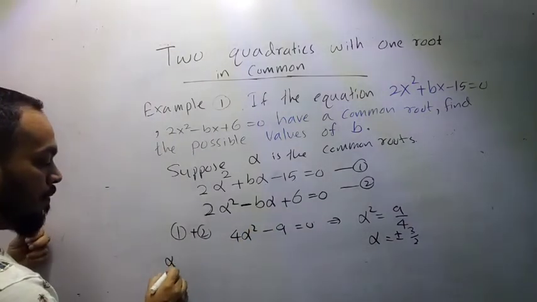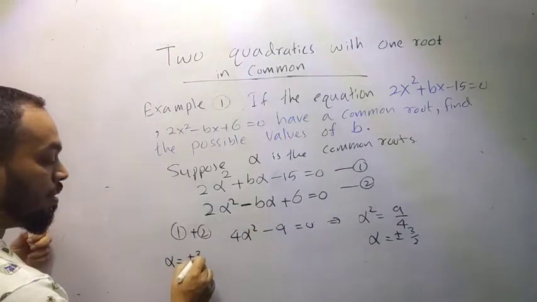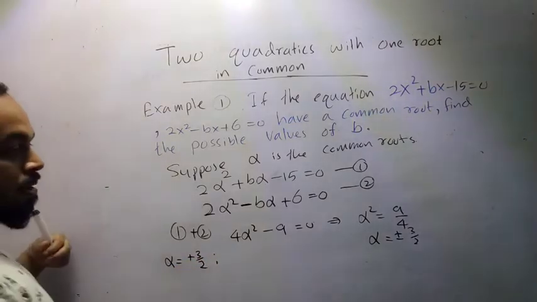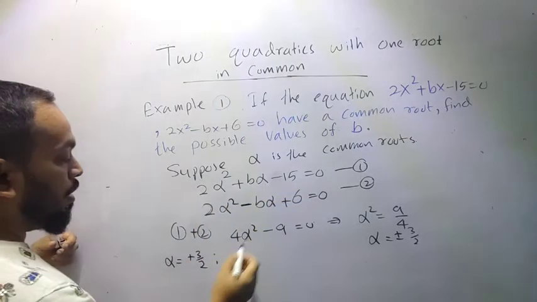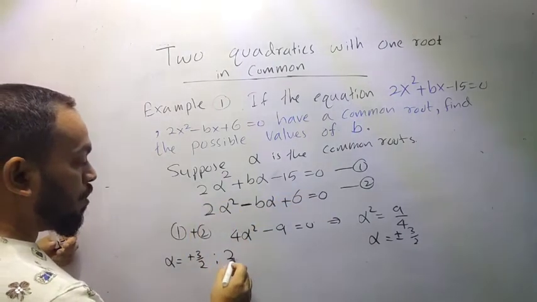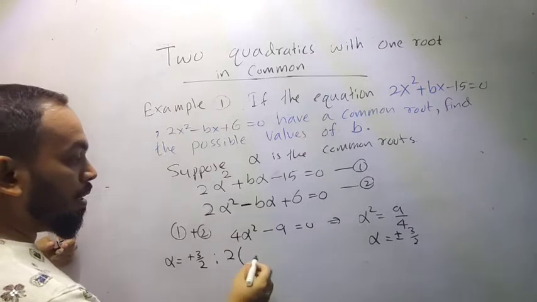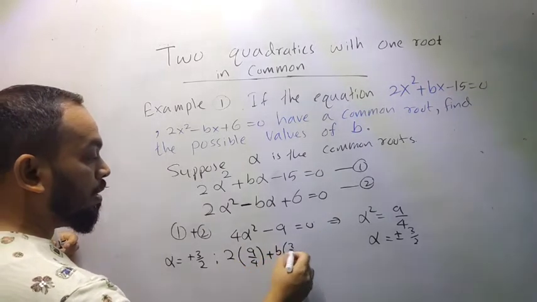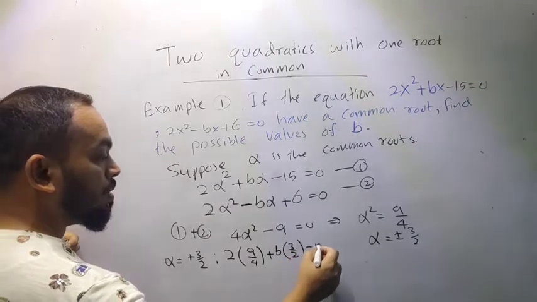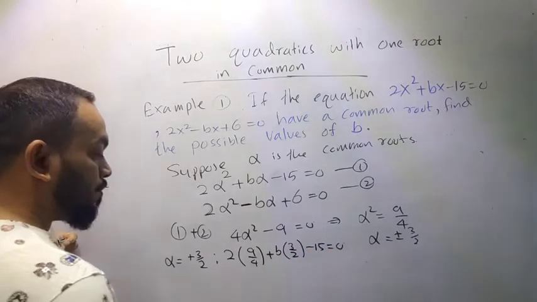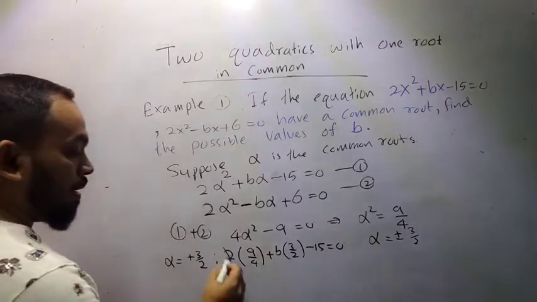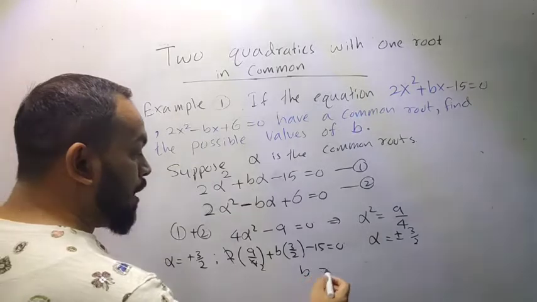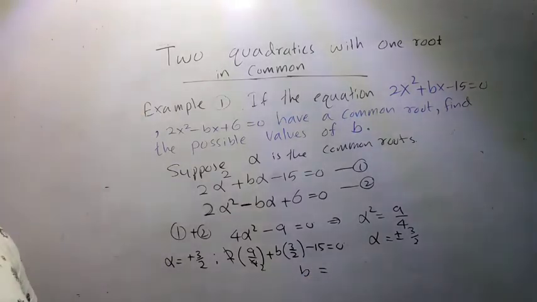So suppose alpha is plus 3 by 2. In this case, I can use equation 1. So 2 into alpha squared is 9 by 4, plus b times 3 by 2, minus 15 equals 0. Let me just write down the value.